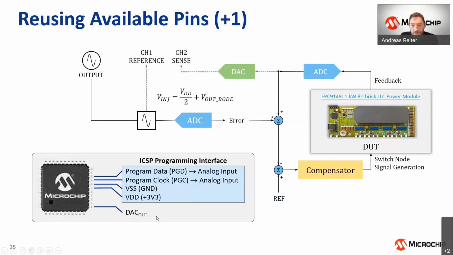The DAC output might or might not be available. In this particular design, it is available. So here we can now hook up our Bode 100 by using the injection port to inject an analog sinusoidal waveform into either of these pins. And then we use the sense probe to sense the response from the DAC output.